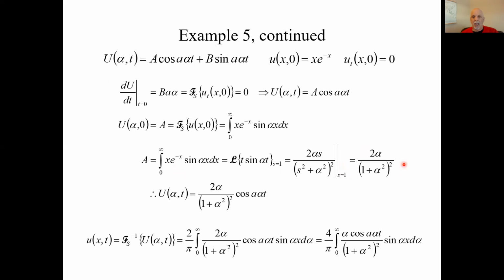So now I have what big A and big B are. Plug it in, and there's my big U. Now all I need to do is take the inverse sine transform. Let's plug this into the formula. Let's see, I can pull non-alpha things out. So here is my final simplified answer.